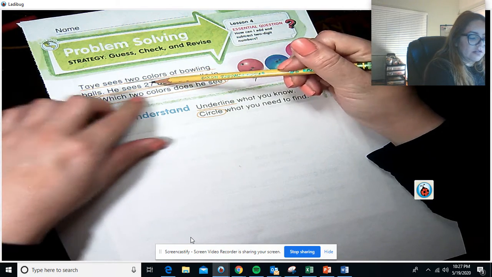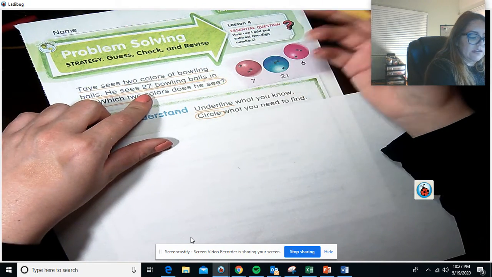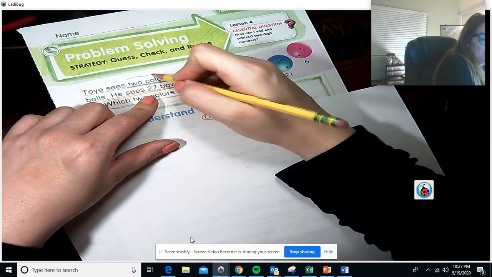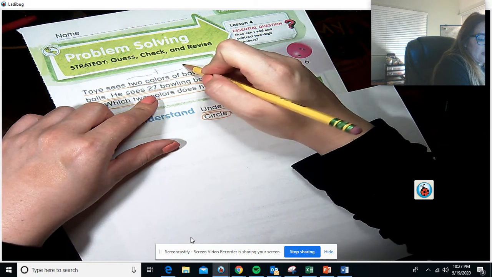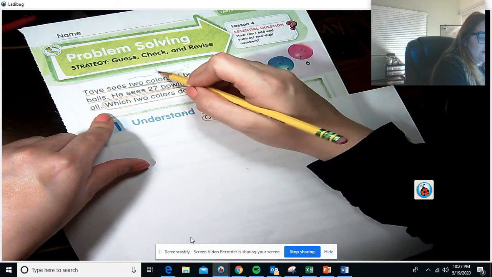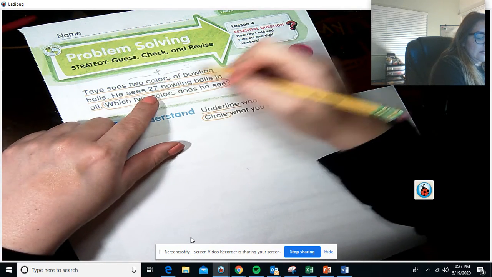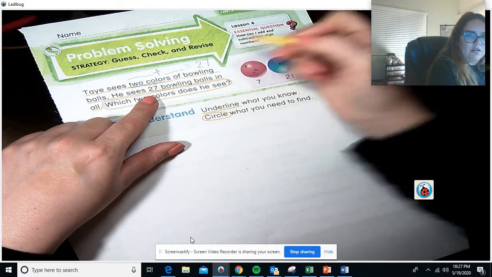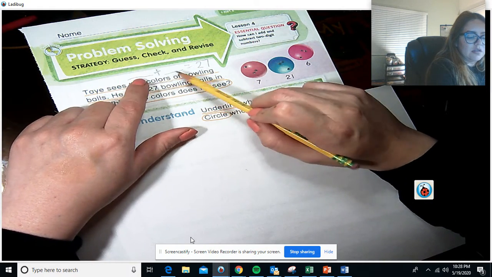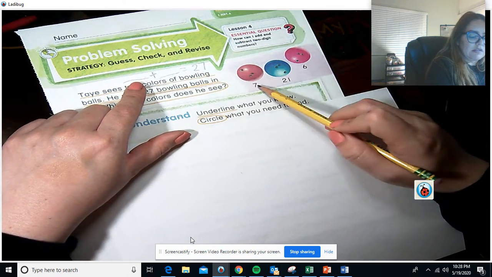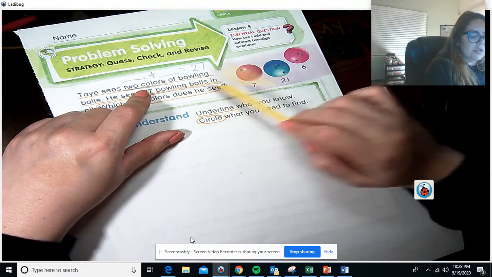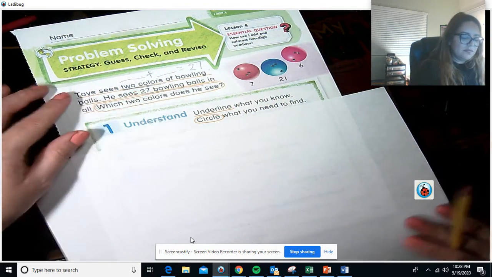We have our answer. We have 27. So that would look something like blank plus blank. And remember, in all means we're adding, right? So it's a plus. And he sees 27 balls in all. So we need to figure out which 2 numbers we need to make 27. There are 7, 21, and 6. So which 2 numbers do we need to equal 27?